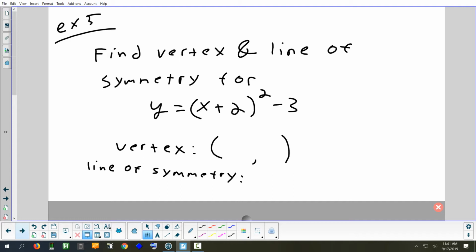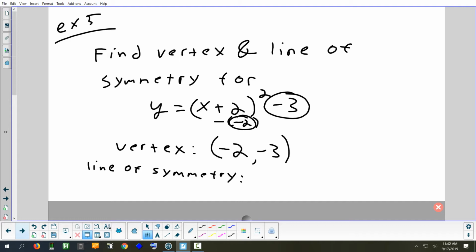Well, I don't even see a minus sign there. So write it like this. And now, block everything that's x minus and look at the number you have left. So you've shifted left 2 units. And what about k? What's my k going to be? -3. Yep. So there's your vertex. Number after the minus sign, comma, number at the end.